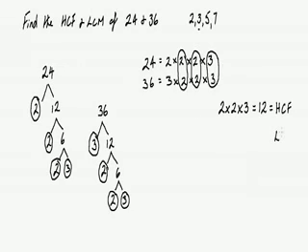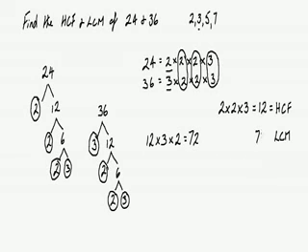Now we want our lowest common multiple. Remember, it's your highest common factor multiplied by anything that isn't used. So our highest common factor is 12 multiplied by 3, because we didn't ring that, and 2 because we didn't ring that. So 12 times 3 is 36, and 36 times 2 is 72.